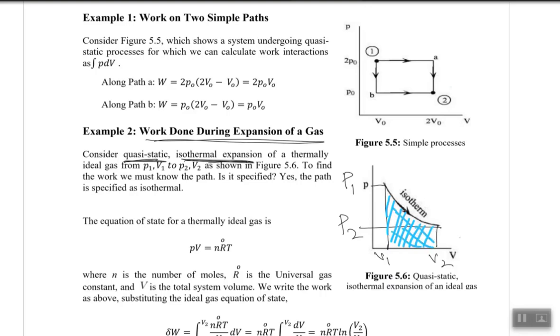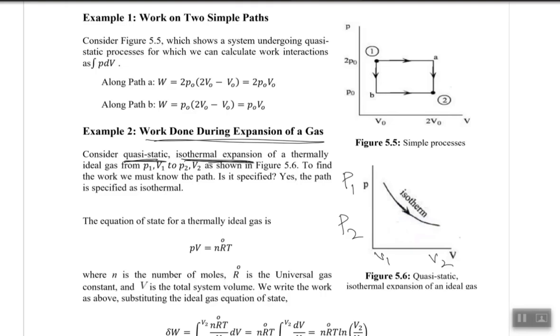Yes, you can divide this into small bits, which we call the non-exact differential, and then differentiate this area, and you can find the area under the curve of this PV diagram. But that's a little bit difficult now.